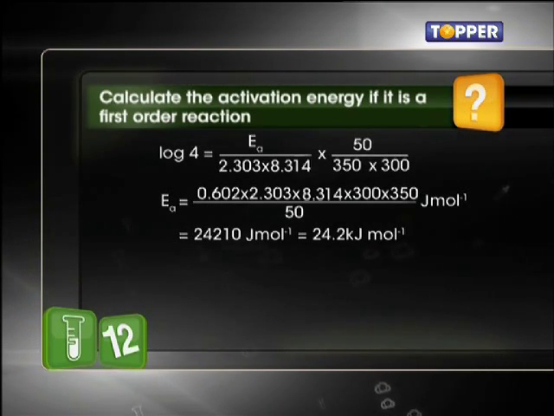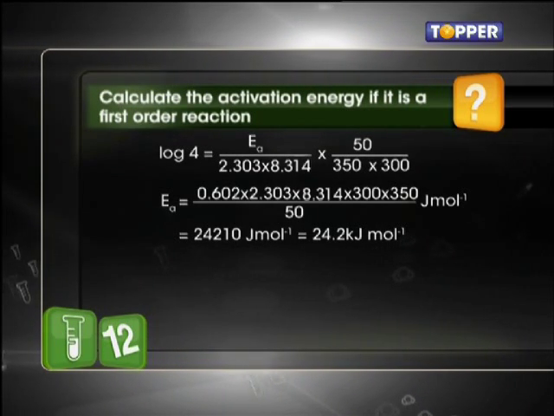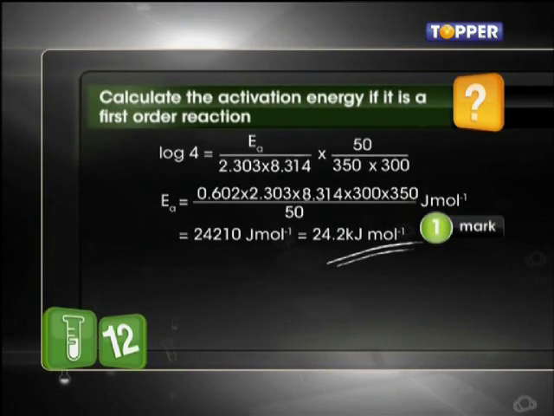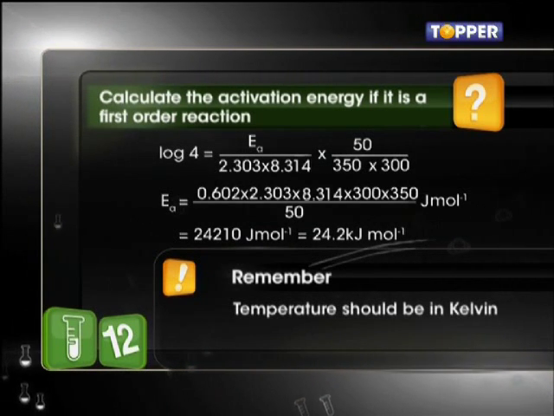Take a look at the marks breakup with the steps. Also, note the final answer is in joules per mole, so convert it into kilojoules per mole. Remember that temperature should be in Kelvin.